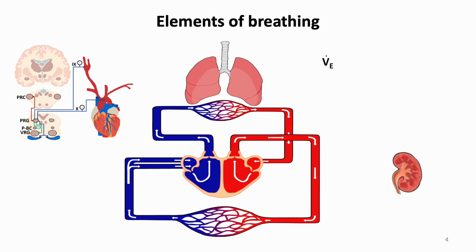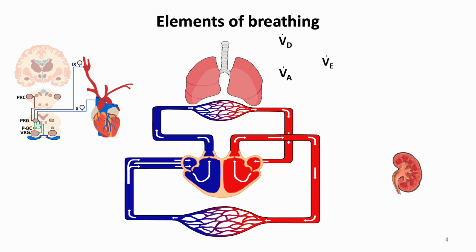So this leads to a given minute ventilation, which we write in this manner here. Some of the ventilation stays within the anatomical dead space, and we call that dead space ventilation, that does not participate in pulmonary gas exchange. The rest actually reaches the alveoli, where gas exchange occurs.